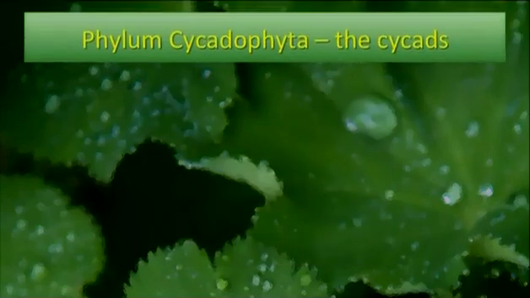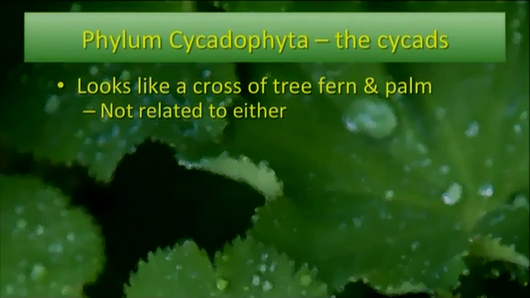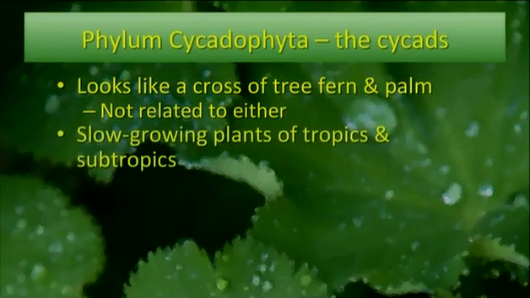Now another phylum is the phylum Cycadophyta, which are known as the cycads. They sort of look like something between a tree fern and a palm, but they're not related to either tree ferns or palms. They're in their own group. They're gymnosperms, slow-growing plants of the tropics and subtropics.